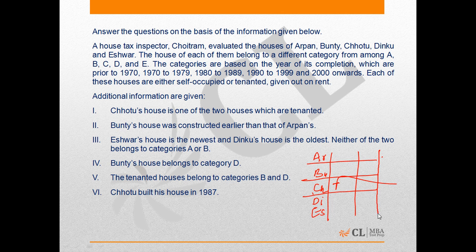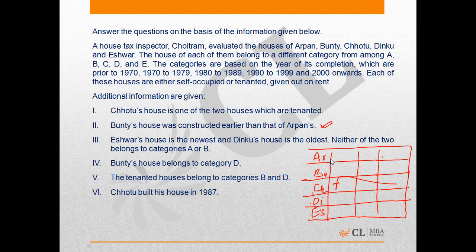Now there are two more attributes that we have to assign to these persons. The second statement states that Bunty's house was constructed earlier than Arpan's house, so we cannot locate this information in the table.